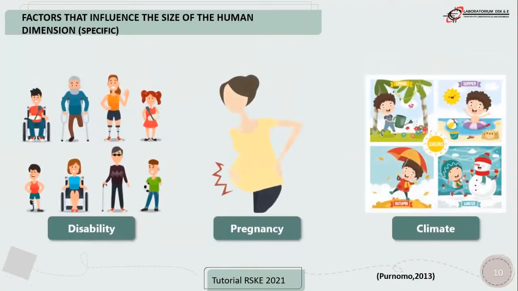Okay, there are some factors that influence the size of the human body dimension, but these are the specific spatial variability factors. The first is disability, and then the next is pregnancy, because the size of the body for pregnancy is different from the usual. And the next is climate.